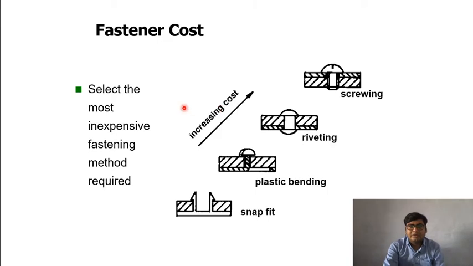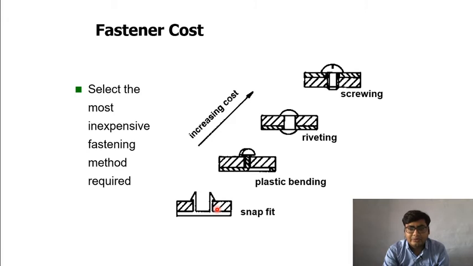Then instead of selecting fasteners, we'll first try to use snap fit, because it is least expensive. As we have seen in the previous example, that was an example of snap fit. It is least expensive and we should try to implement it first.